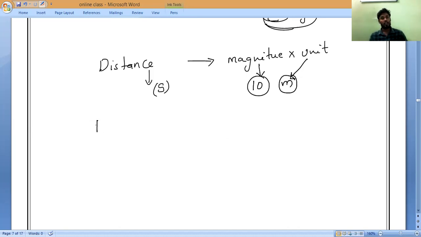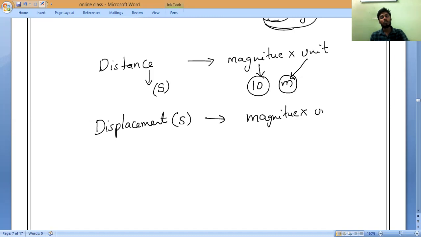In the same way, if we take displacement, we will represent it with S as well. And it also has magnitude into unit.